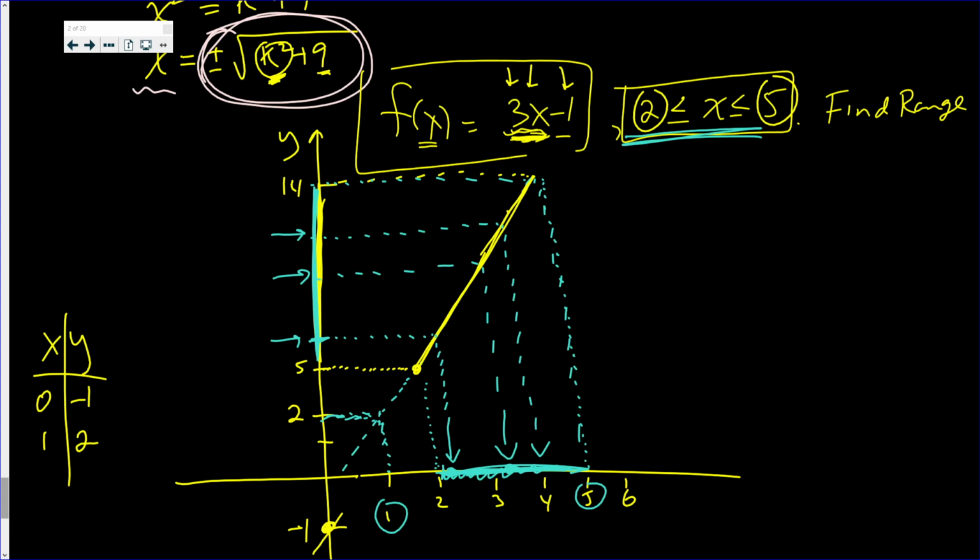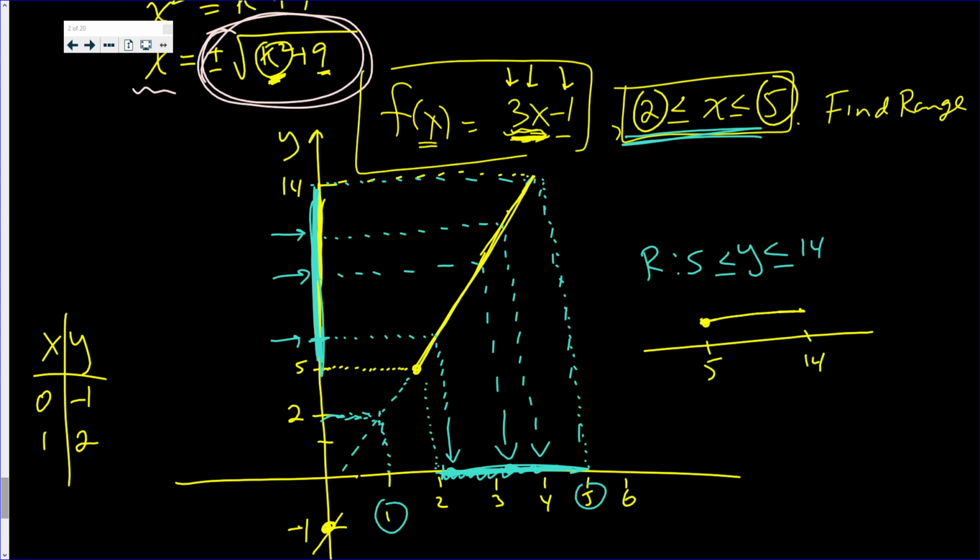Okay. So, the range is from 5 to 14. Y is in between 5 and 14. Number line, 5, 14.